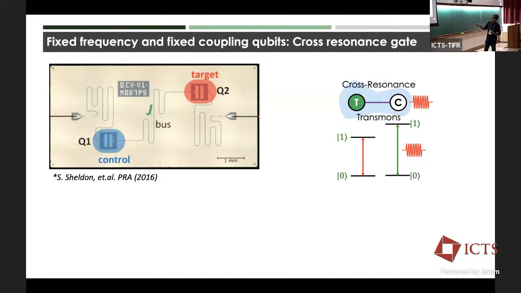And what you do is that you now drive the high frequency qubit, which is called the control qubit, but you drive it with a frequency which is actually resonant with the other qubit, not resonant with itself. So you're driving the control qubit off resonantly, but at a frequency which is resonant with the other qubit. And I'm not going to go into a lot of details here, but essentially what happens is, depending on whether this control qubit is in the ground state or the excited state, when you apply this pulse, it sort of transfers a different version of this pulse to the other qubit.